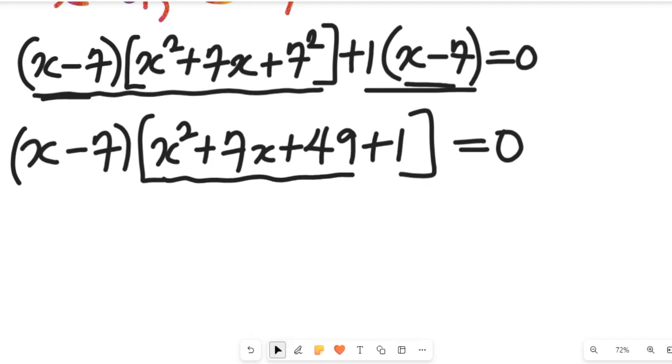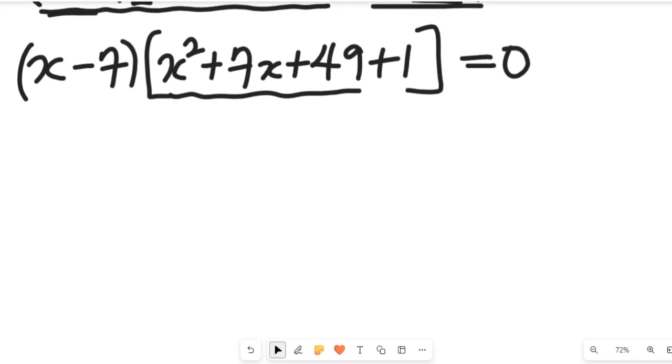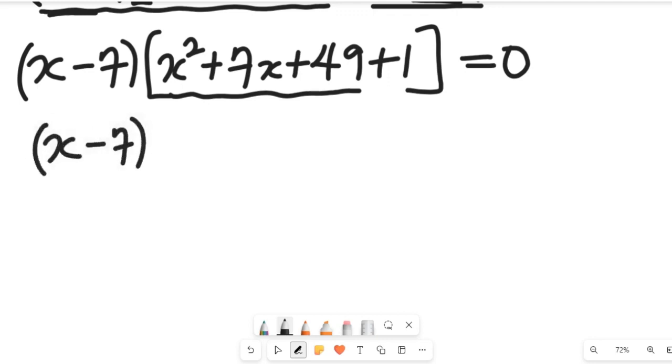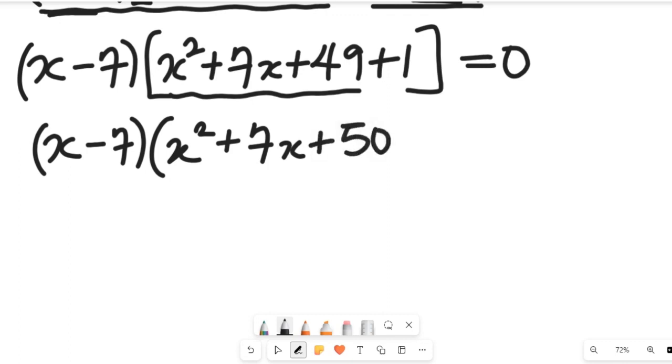Now you come to notice that we have what we call the zero product rule applied here. So we have our x minus 7, which will give us our first expression, and then we'll have x squared plus 7x plus 49 plus 1, which is going to be 50, and this will be equal to 0.